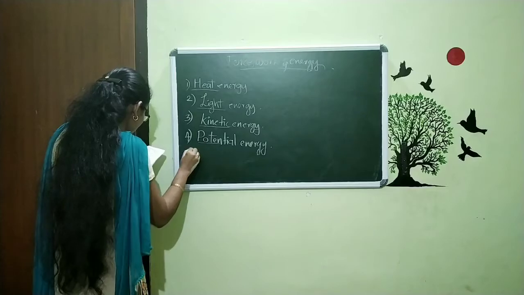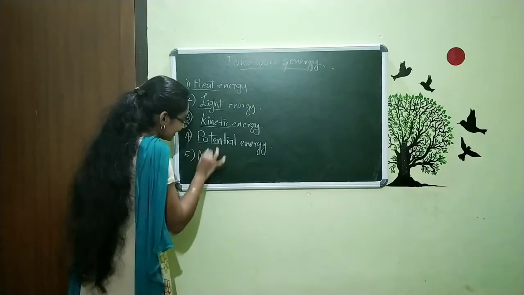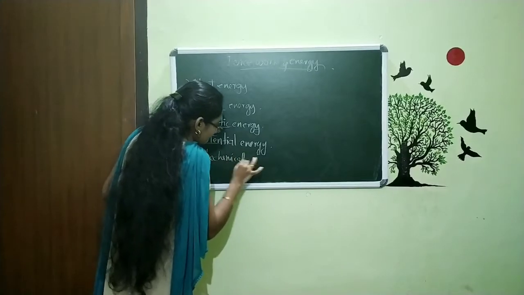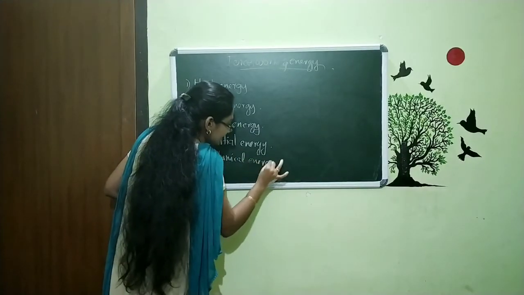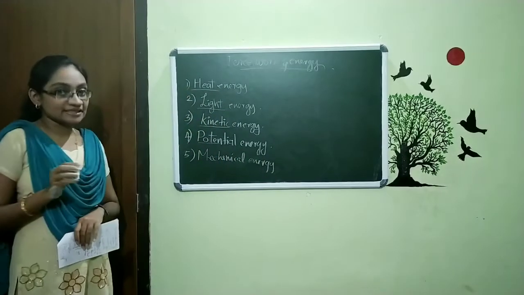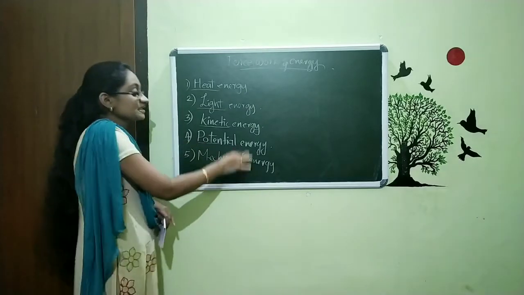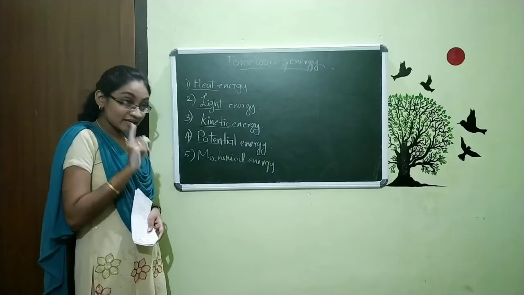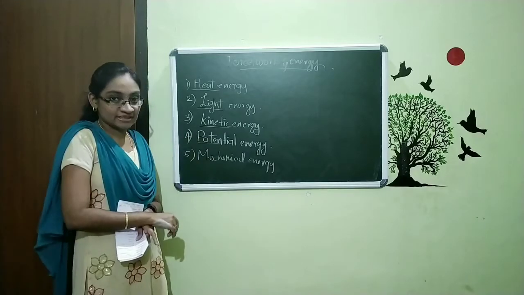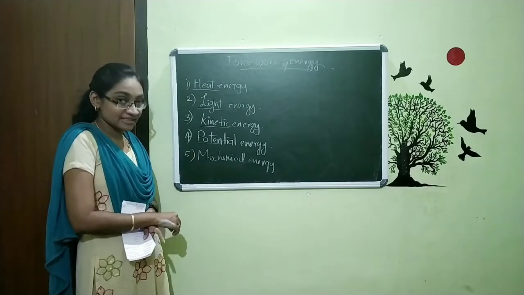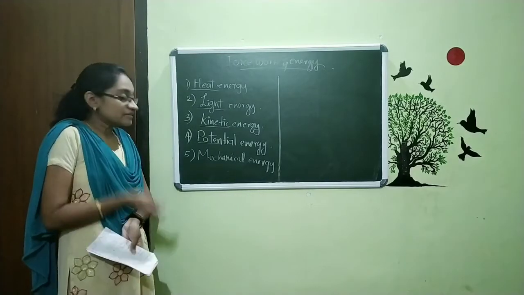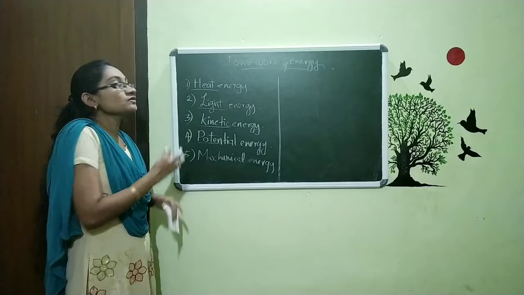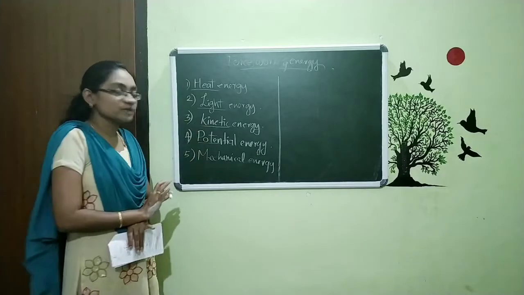Now the fifth one is mechanical energy. This mechanical energy means the energy that an object gains by its motion and position. We already studied mechanical force. The energy gained by both the position and also the movement of the object.